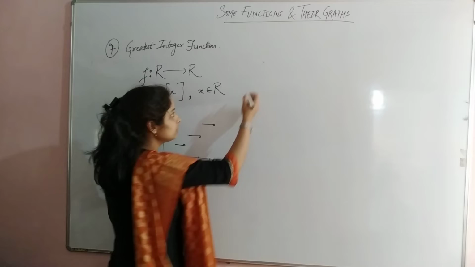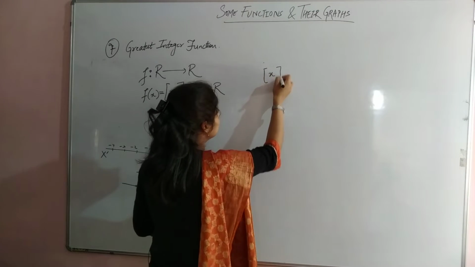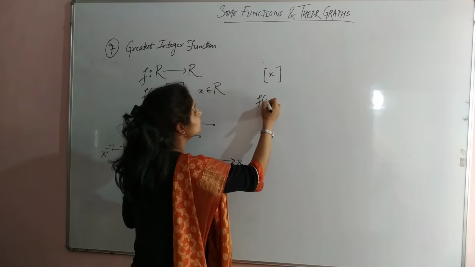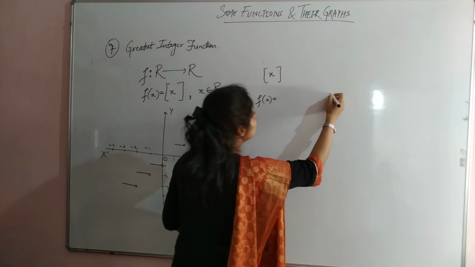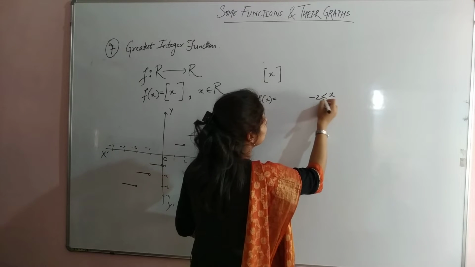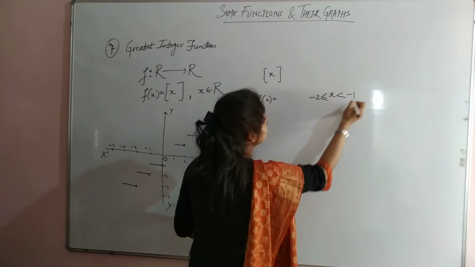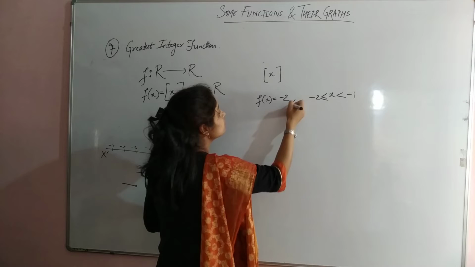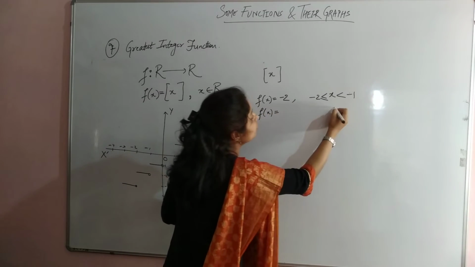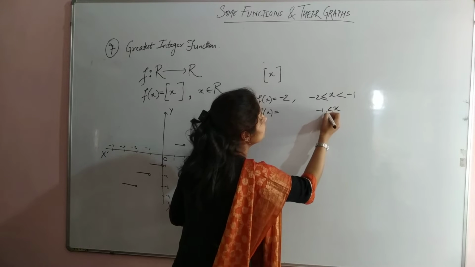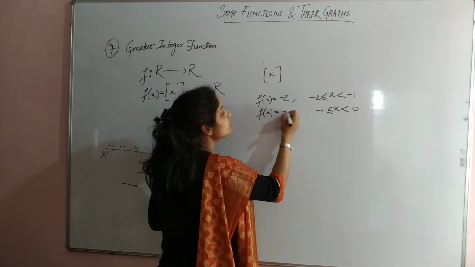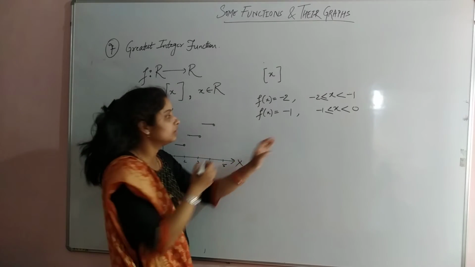How can we define this? Greatest integer function: f(x) equals, for all x greater than or equal to -2 and less than -1, the value is always -2. And for all x greater than or equal to -1 and less than 0, the f(x) value will be -1.